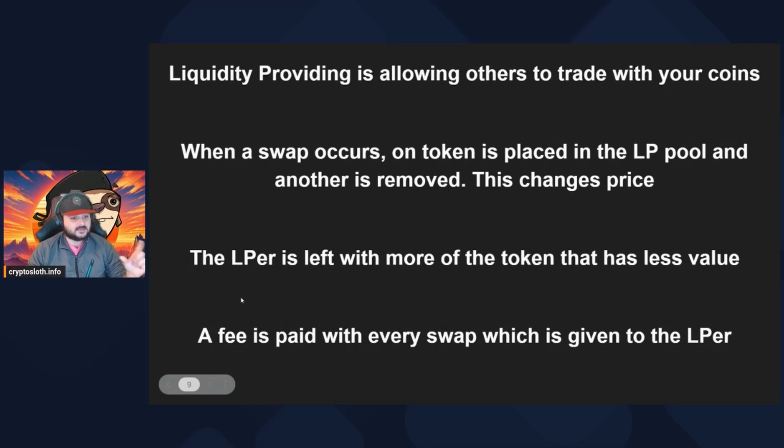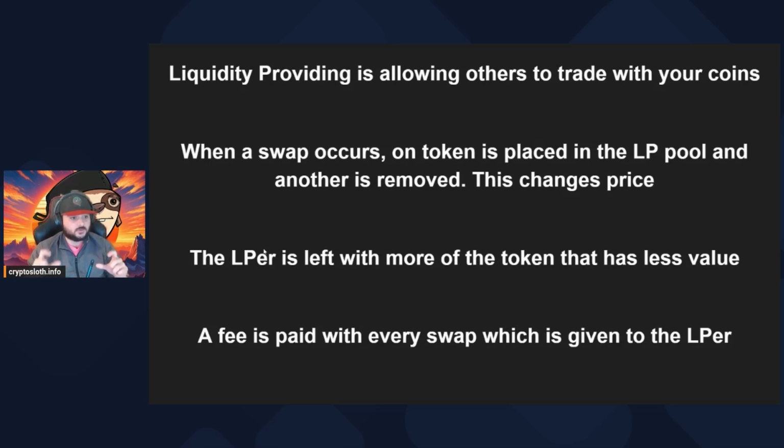Now, one thing that I didn't mention in the scenarios is that you're providing a service to the market when you're providing liquidity. This is a service by making the market. You are a market maker. So because of this, you are entitled to a fee. And that fee is paid with every swap. So when somebody does a swap, a small bit of their money that they're buying or selling with is taken out of the transaction and then given to the liquidity providers.